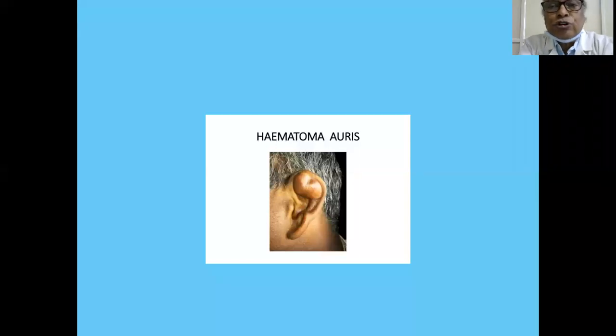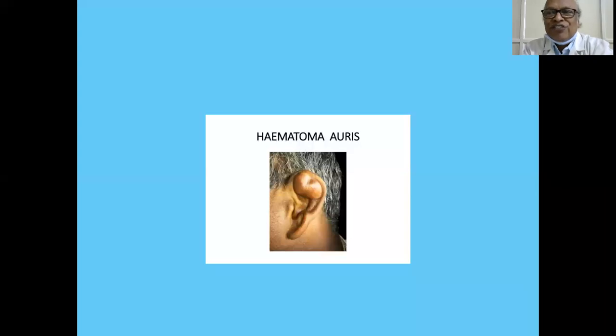Next condition is hematoma auris. This is otherwise known as pseudocyst. There will be fluctuant swelling in relation to the pinna. Generally, it is painless, and unless you know the proper management, you will be doing great injustice to the patient. The treatment is very simple: aspiration and pressure bandage, or aspiration and a figure of 8 suture.